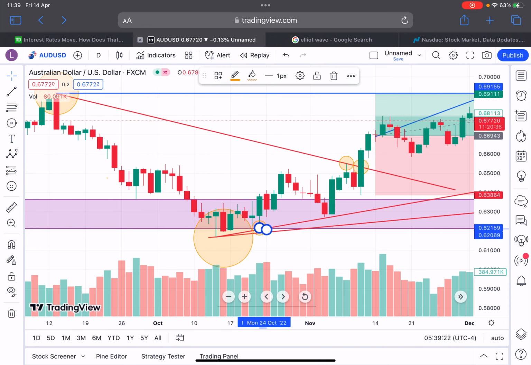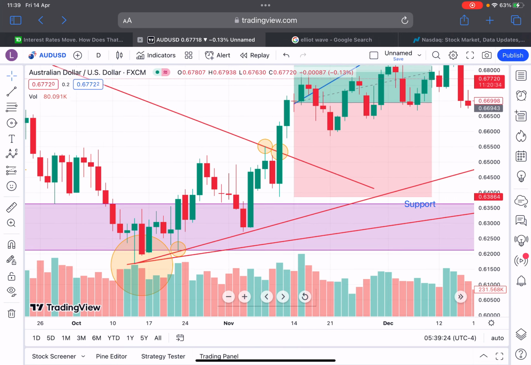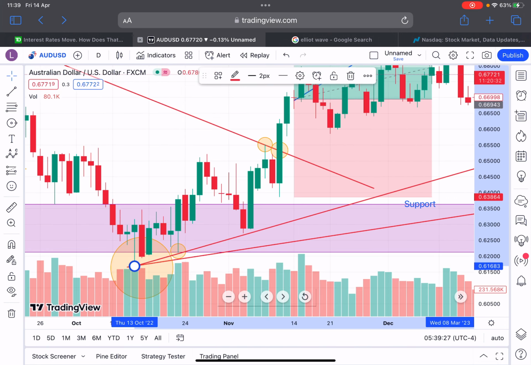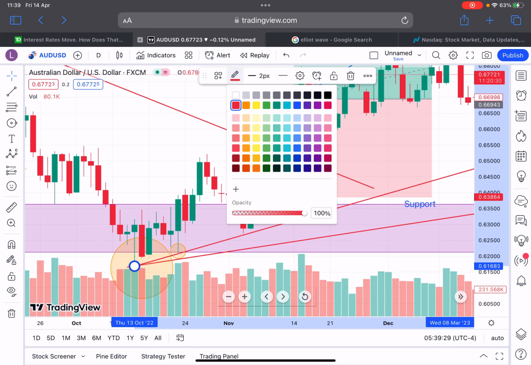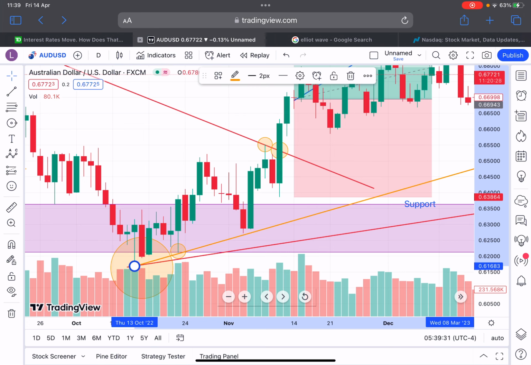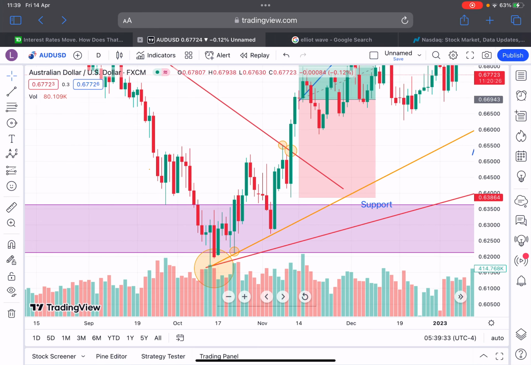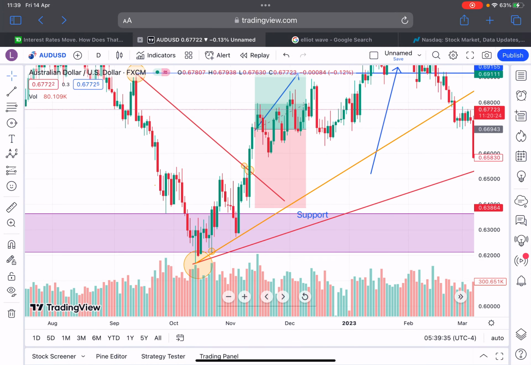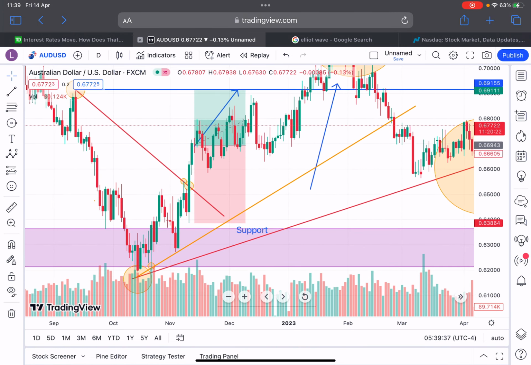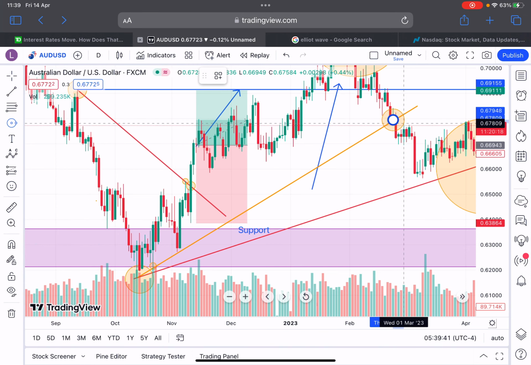So let me change the color of this trend line and use orange, so that it would be easy to see what I'm talking about. So we are using this orange trend line, and our touch 3 was right here, and right here there was no confirmation. If you can see, there was no confirmation at all.